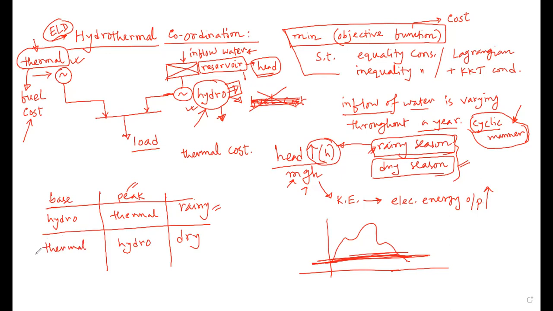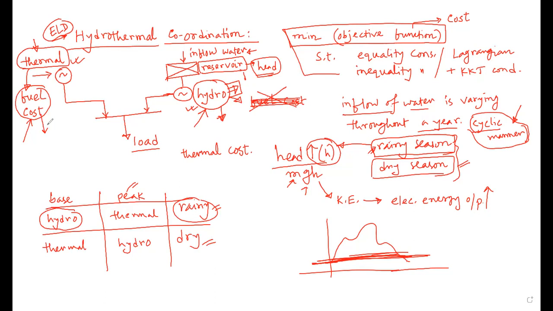So the fuel cost in the dry season, you can expect to be higher, whereas in the rainy season, as you are running the hydro unit as your base station, the fuel cost will be less. So in this manner you can have some coordination between the hydro units and the thermal units.